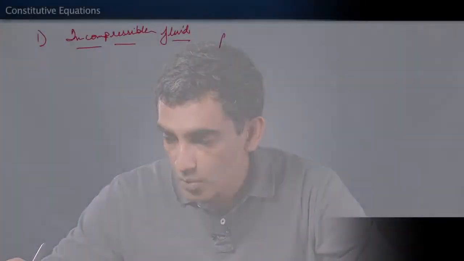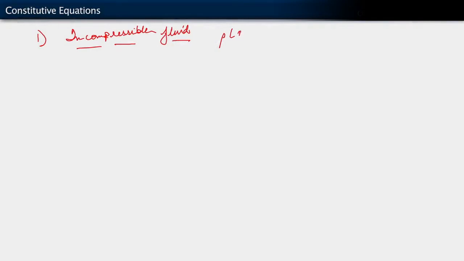So for incompressible fluids, what we say is that rho, a function of x and time, equals rho 0 at some reference position that we don't know. That reference density does not depend upon time.